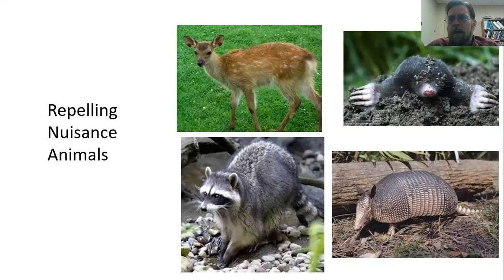Ideally, we want to find a way to coexist with them and make sure that we're not harming them and they're not harming us. So, as much as possible, I encourage people to be gentle with the animals in their landscape, and not do any harm unless they really have to.